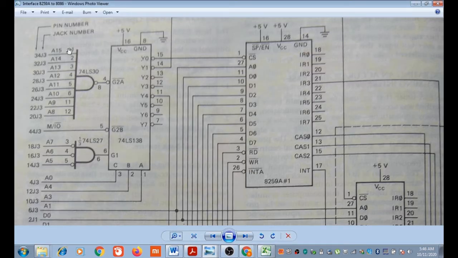Signals A16 to A19 are not involved in the selection of 8259A number 1. So no need to think about that. So 16 bits are used to select this device. Okay, these 16 bits will be decoded, and according to the result, this device will be selected or deselected.